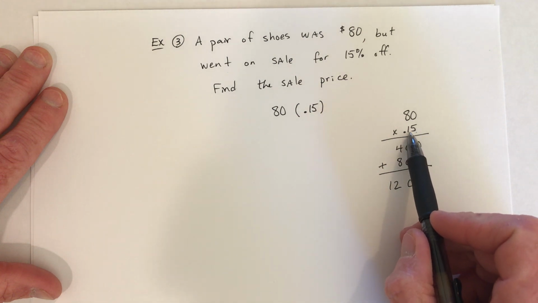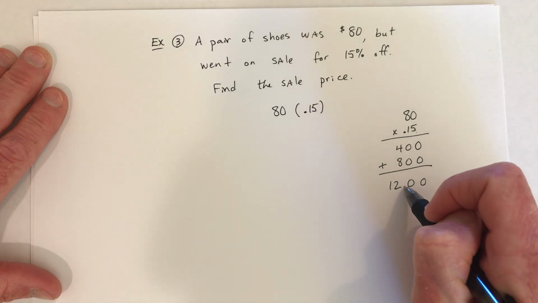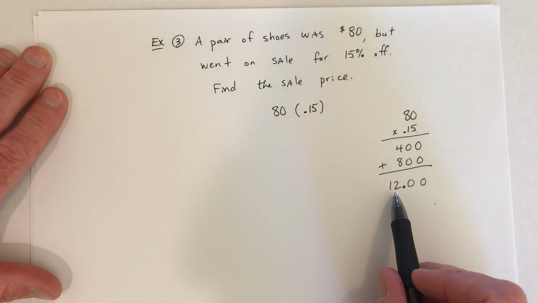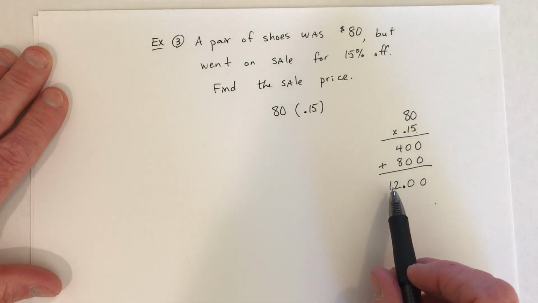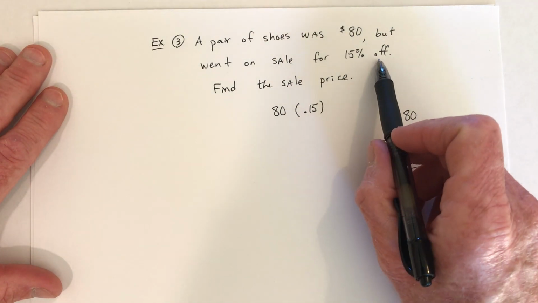On this one, the decimal had been moved over 2 places, so for this one, we need to move the decimal 2 places. So it's $12. Now that's not the sale price. You're not going to get shoes for $12. That's how much they're going to take off.